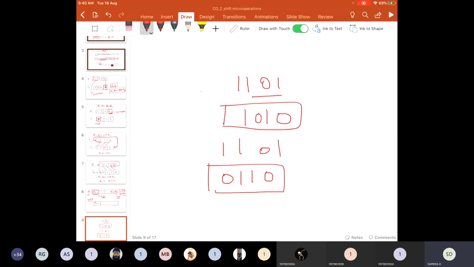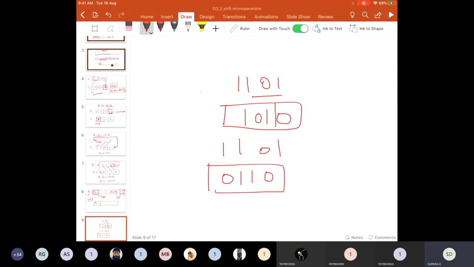I repeat, in logical shift left operation, you will be moving the bit position in the initial register by one position left. You will be moving one bit to the left side. So you will be discarding the most significant bit and a serial input 0 will be inserted at the least significant bit position.